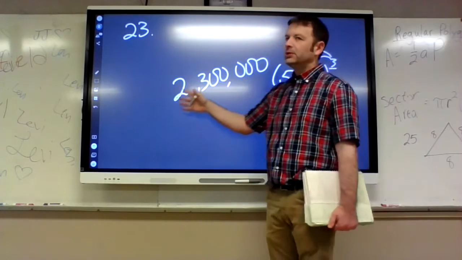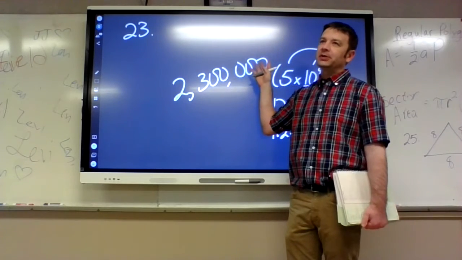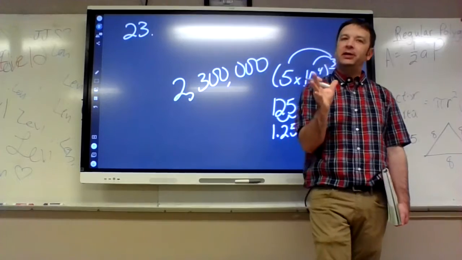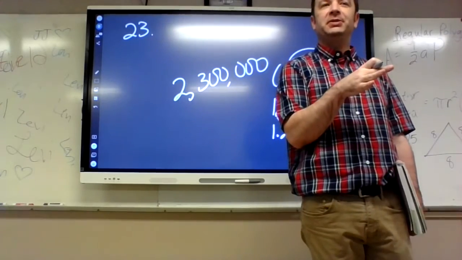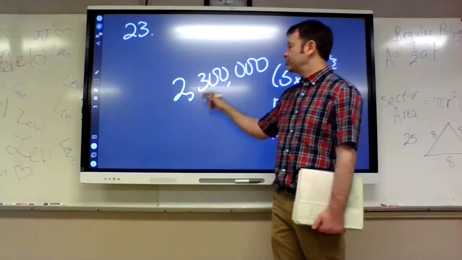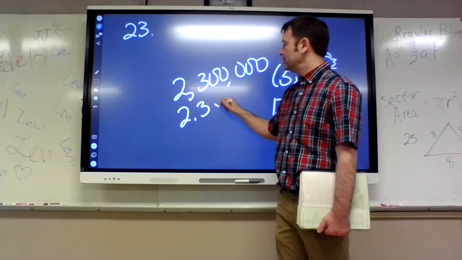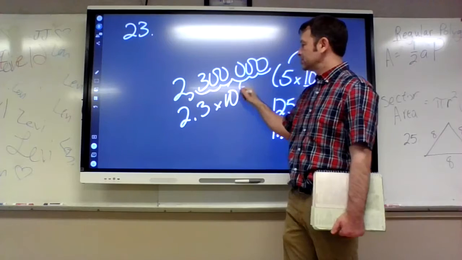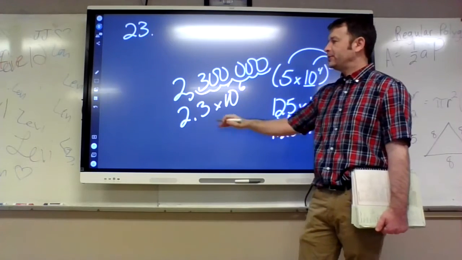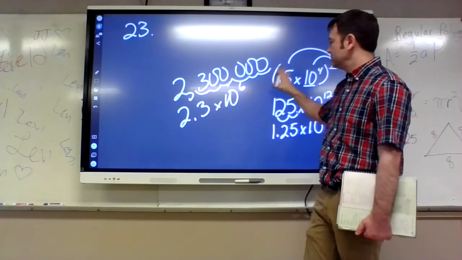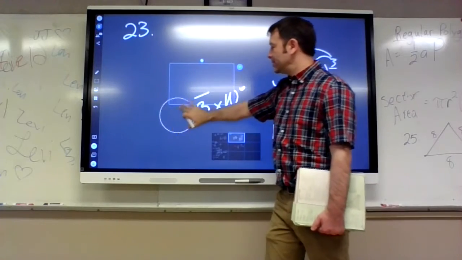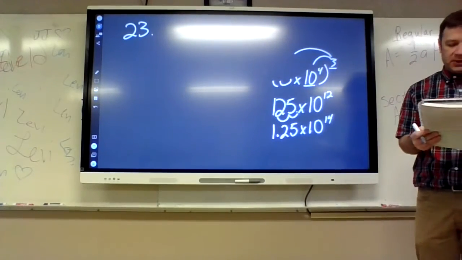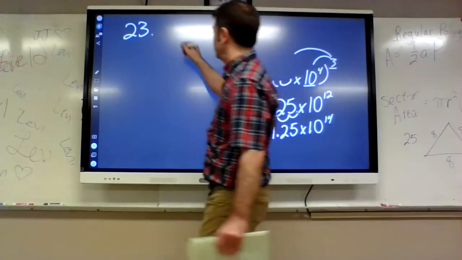Why is that not the right answer? Not in scientific notation. So you can plug it all in the calculator, but you still might need to change it into scientific notation. So this would be like 2.3 times 10 to the 6th. So you still have to do some work, maybe, but if you get confused on doing it the other way, that's what you need to do. 23, we just did that one, 1.25 times 10 to the 14.